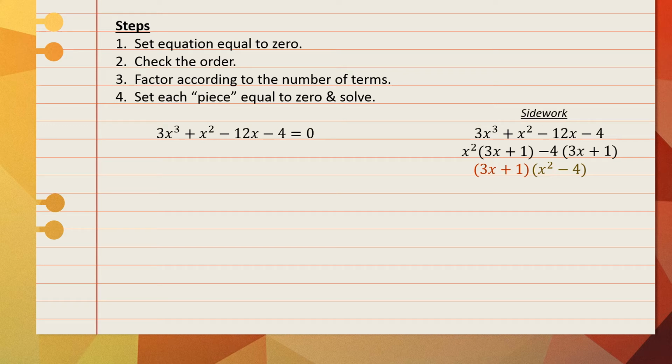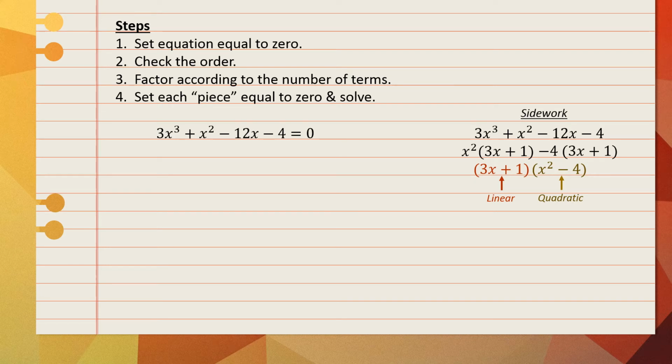So we look at the first parenthesis set. Is that linear? Yes, because we only see an x. Is the next parenthesis set linear? No, that one is quadratic because we have x squared, which means we need to see if it can factor again. So only looking at the quadratic parenthesis set, we look at how many terms we have.